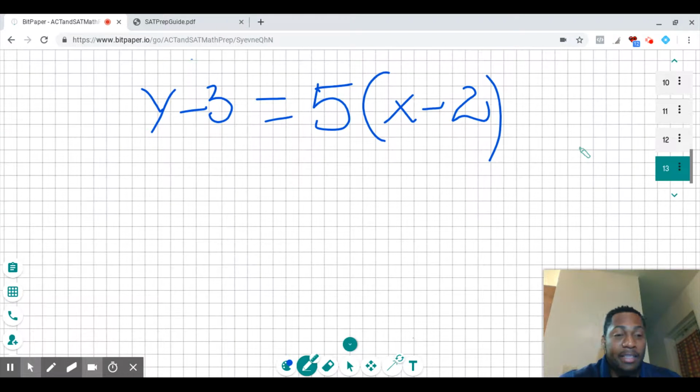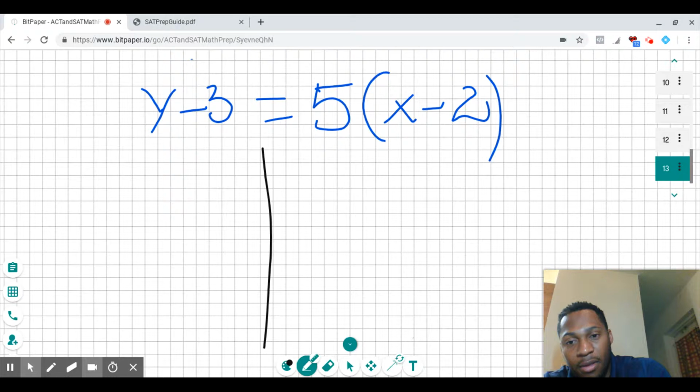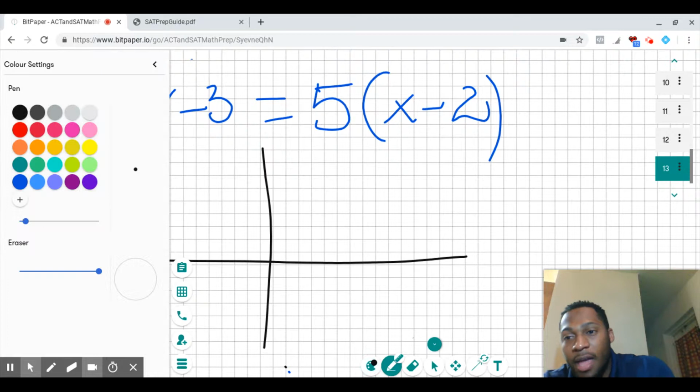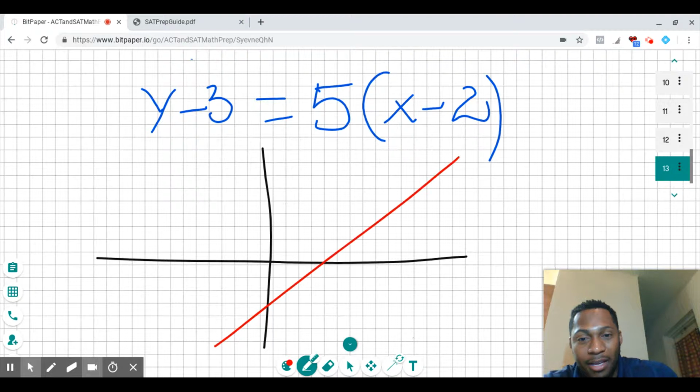Let me explain a little bit about the x-intercept. Think about if we have a graph here. If we have a Cartesian graph, and then if we have a line or a curve that passes through that graph, let's do that line in red. Let's say the line cuts the graph right here.